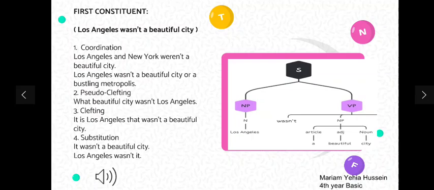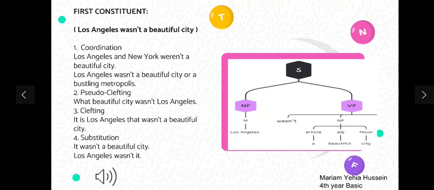The last test is substitution, and substitution means replacing the noun or the object to omit known information. For example, it wasn't a beautiful city, and here "it" is replacing the noun Los Angeles. Or we can say Los Angeles wasn't it, and "it" refers to a beautiful city.